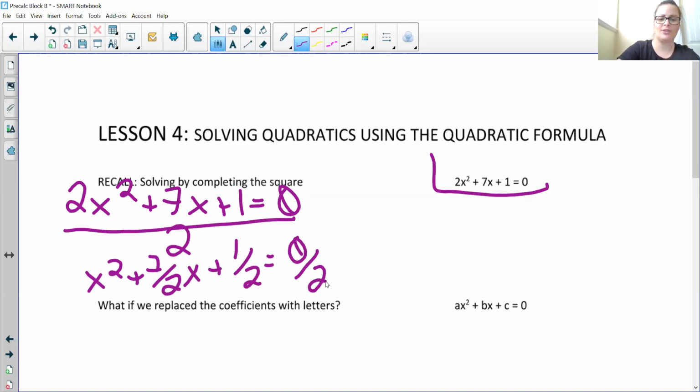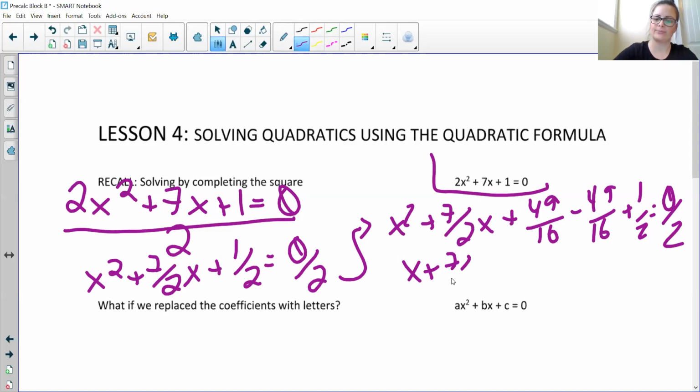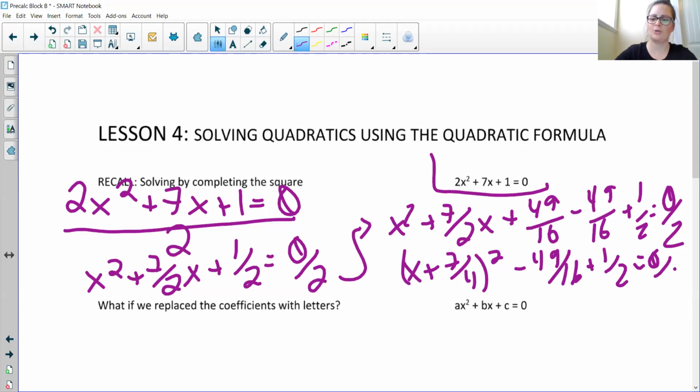Right. You would then complete the square. And then you would rewrite it like this. And then you would multiply everything by 2 again.